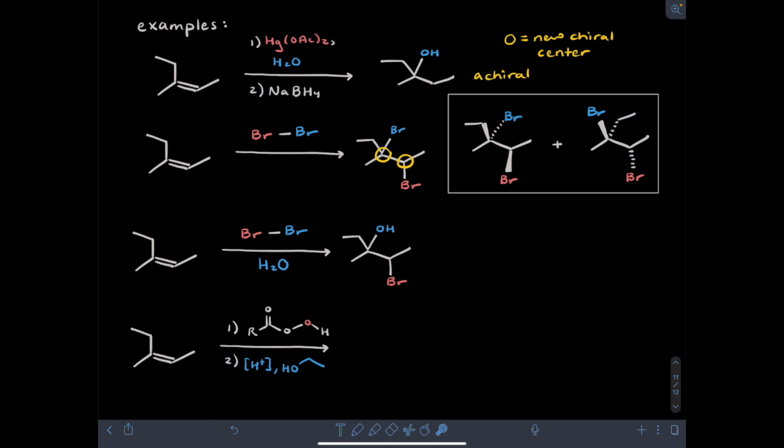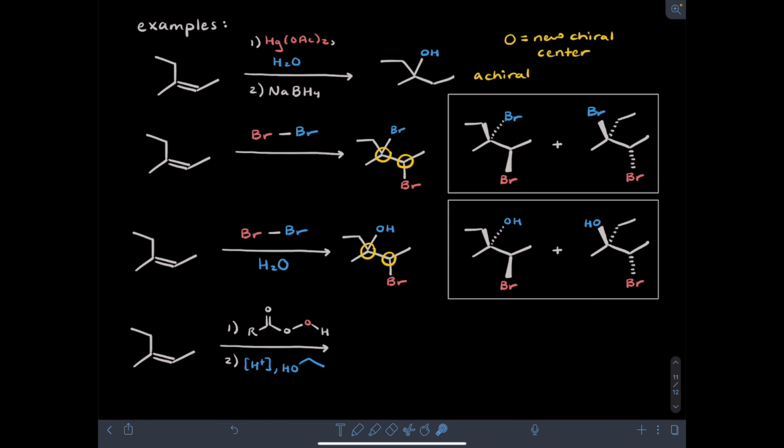This would ultimately have the effect of generating a carbon-bromine bond at the less substituted carbon of the alkene, and a carbon-OH bond at the more substituted carbon. This example forms two new chiral centers, so I need to draw two products showing anti-stereochemistry. Here as well, I can do this by drawing the bromine as a wedge and the OH group as a dash, and then switching those wedges and dashes.